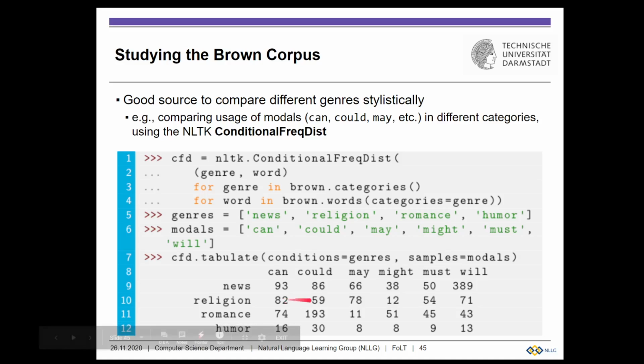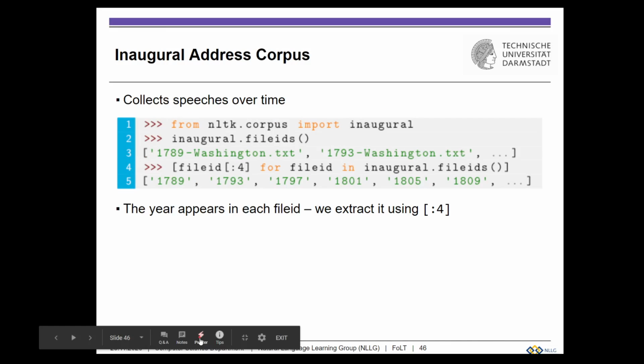Will is not so often, but it's actually close by, but can is more frequent. In romance, we have the maximum at could, and the same happens to be true for humor. I'm not sure if that is intuitive or not, but it's certainly interesting.